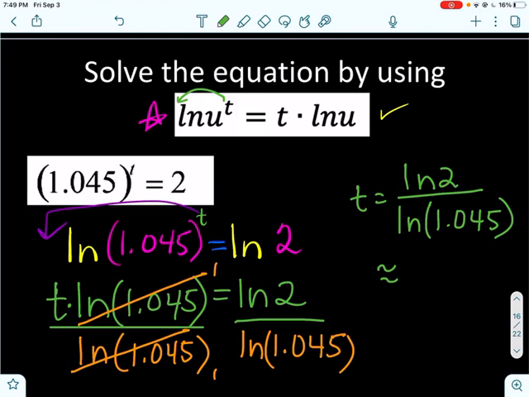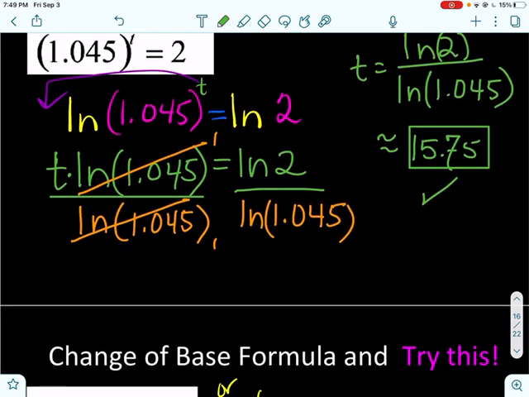Generally, if you have ln and you type a 2, you're going to have another parenthesis around that, and then type in your ln, and then make sure you put a closed parenthesis around 1.045. Now, my answer that I get is 15.75. Okay, and there you go.